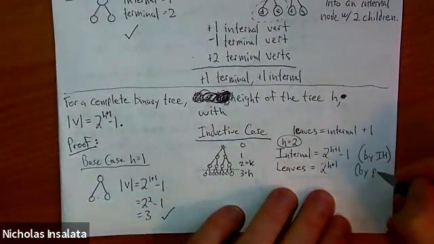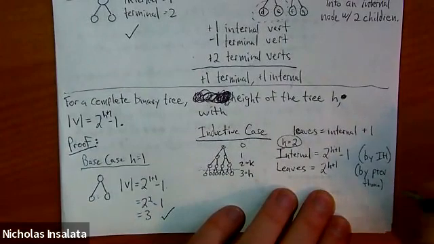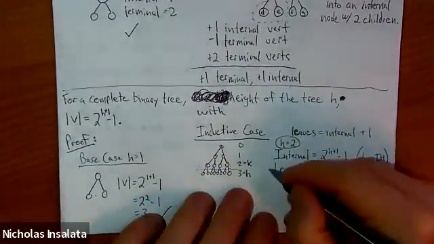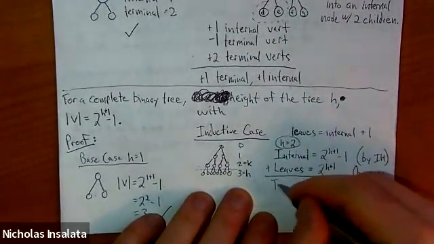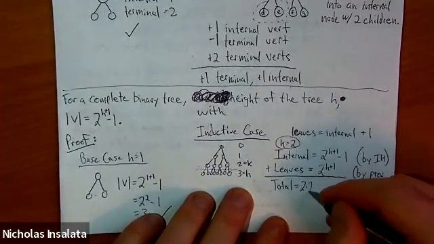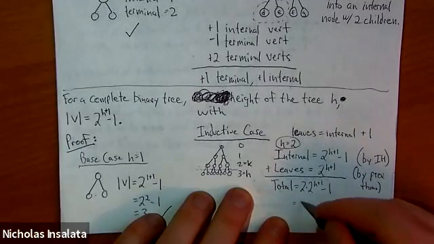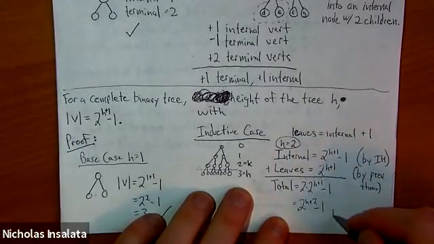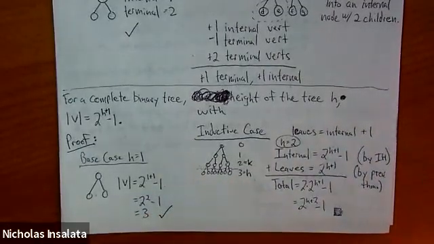This is by previous theorem. And to get the total, we add these, which is 2 times 2 to the h plus 1, quantity minus 1, which of course is 2 to the h plus 2, quantity minus 1. See it? Does that make sense?